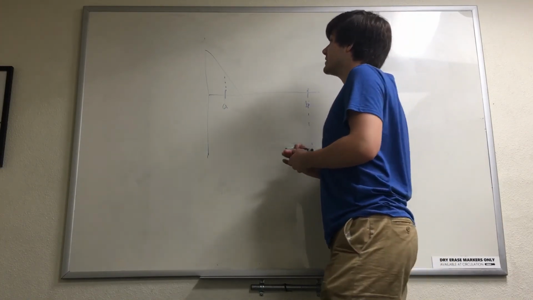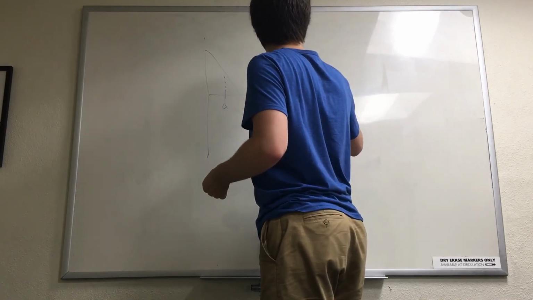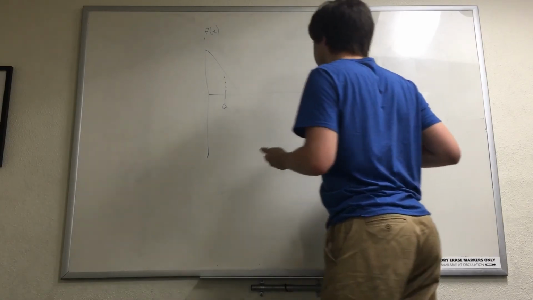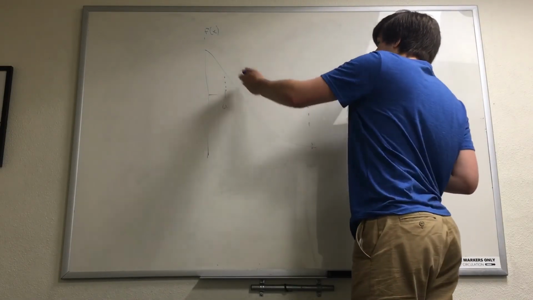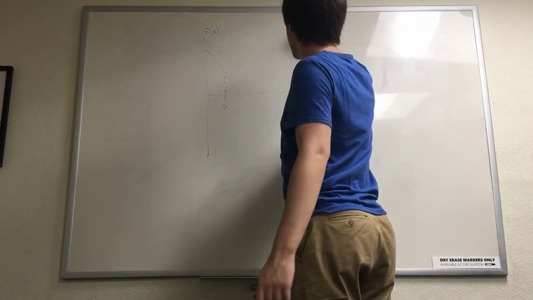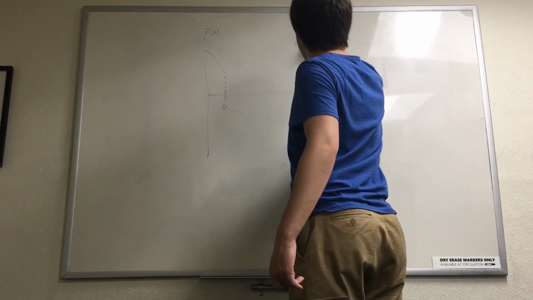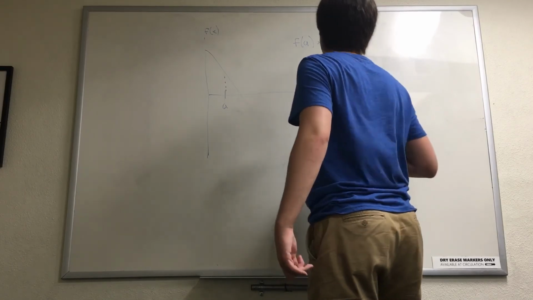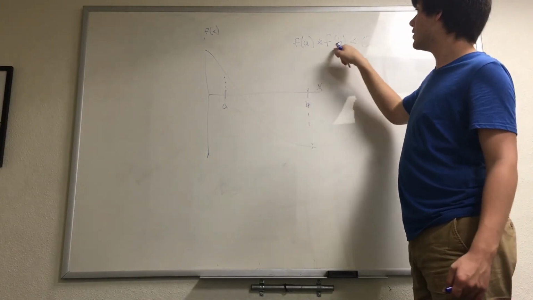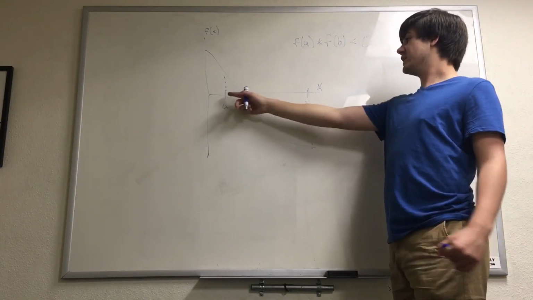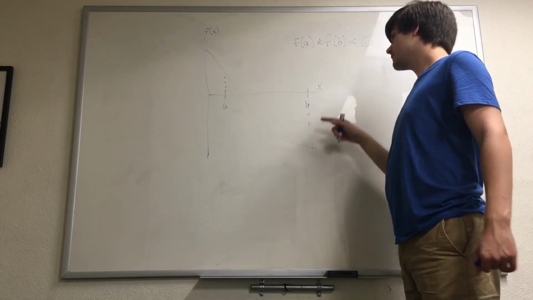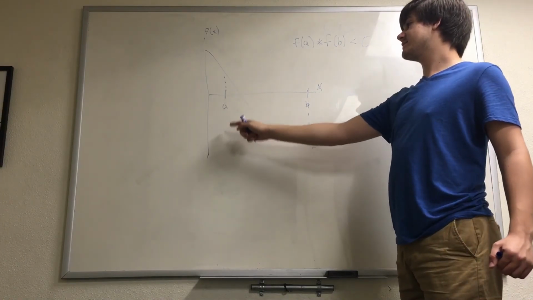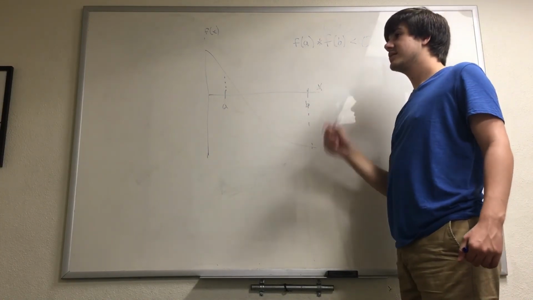Now the way we would find this, and let's call this x, and let's call this f of x. The way we would find whether or not it is going to have a crossing is if f of A times f of B is less than 0. So this is true if and only if f of A is greater than 0 and f of B is less than 0, or f of A is less than 0 and f of B is greater than 0.